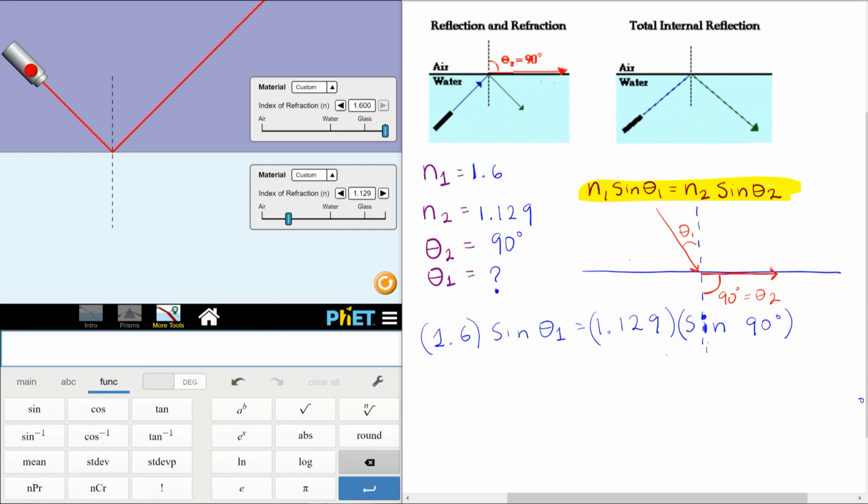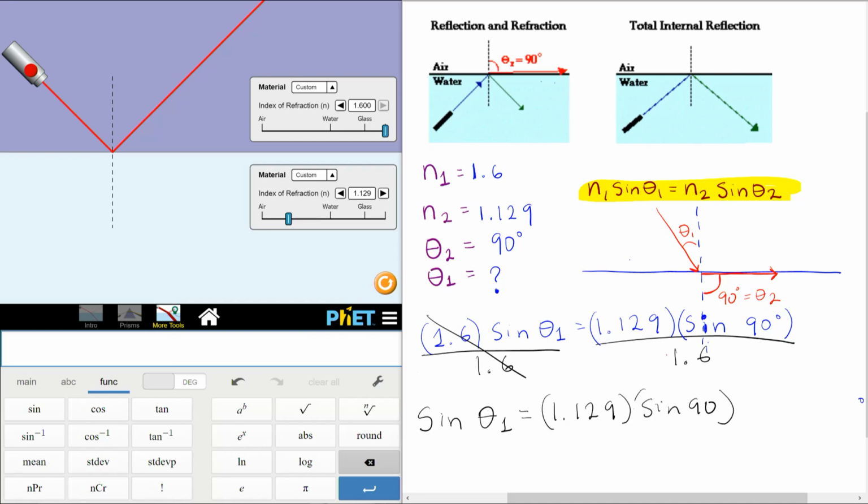I am solving for the unknown, so I'm going to divide both sides by 1.6, so it cancels out on the left side, and I end up with sine of angle 1 equals 1.129 times sine of 90 over 1.6.